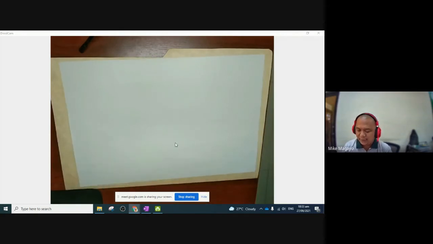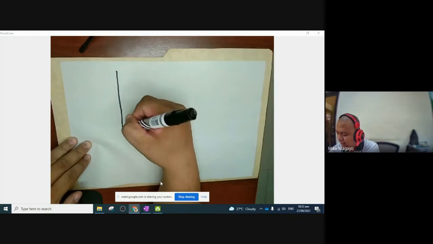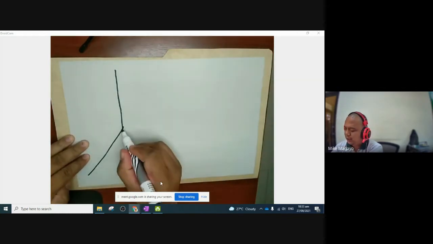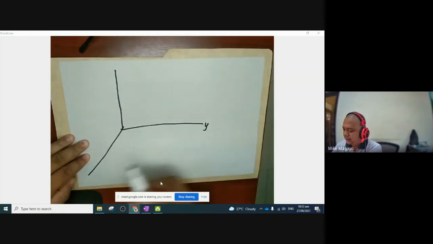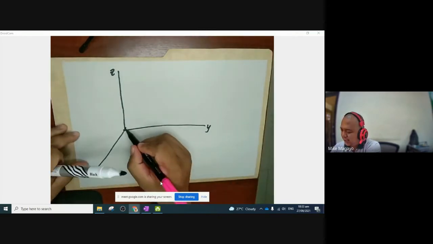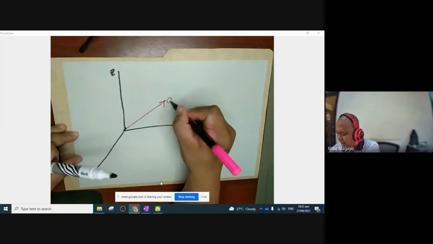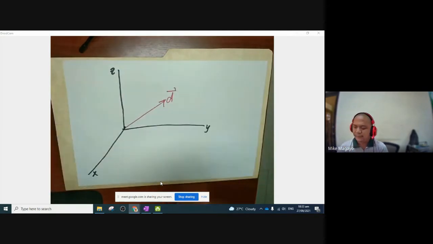So I guess we have to use trigonometry now. Again, balik na drawing sa atong vector. You have the y-axis, x-axis, z-axis. Let's say you have a displacement vector, and let's call that d.